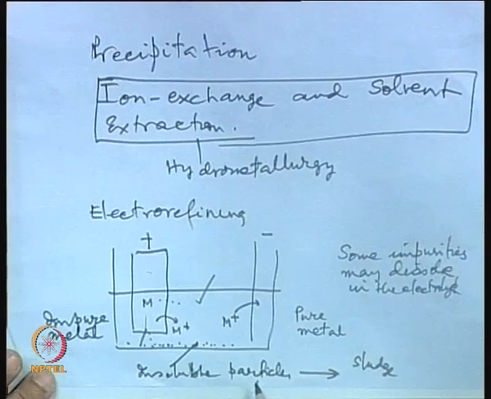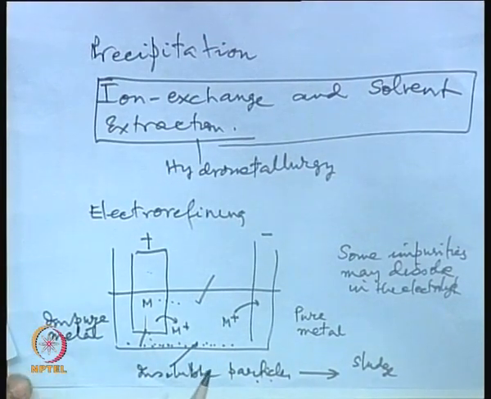We produce a pure cathode from the impure anode, impurities will be released, some will go into the solution, some will be deposited at the bottom as sludge. Now, both of them may be very valuable. We can recover byproducts from the sludge, we can recover some impurities if they have their uses from the solution also.